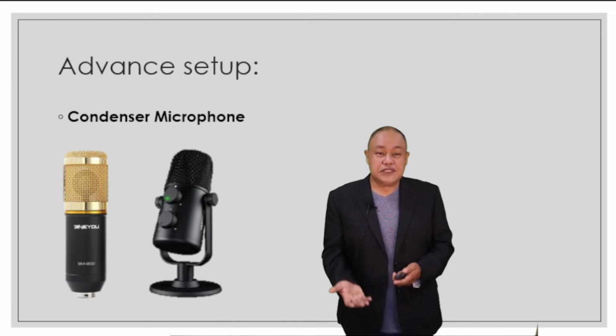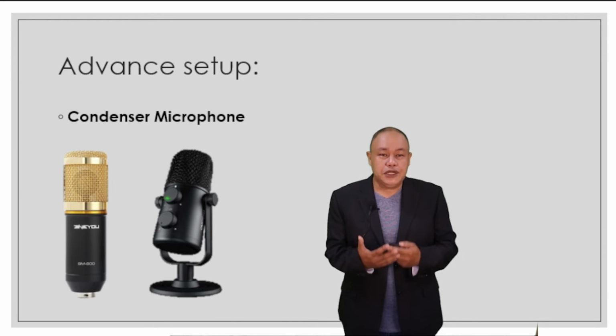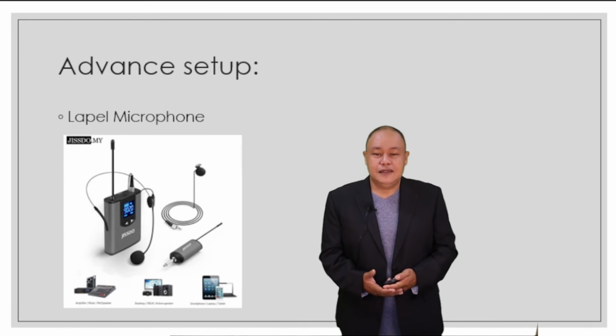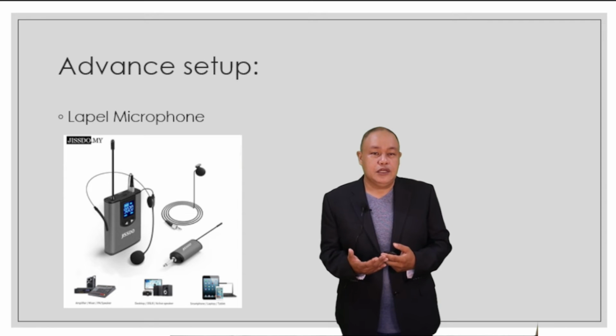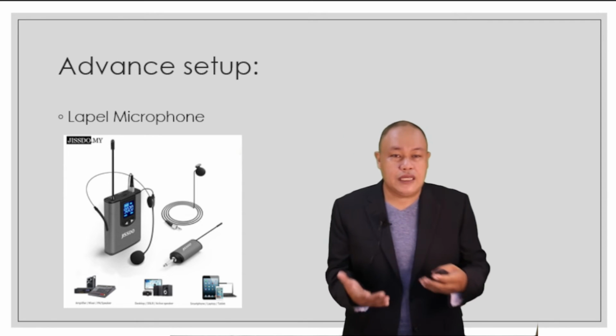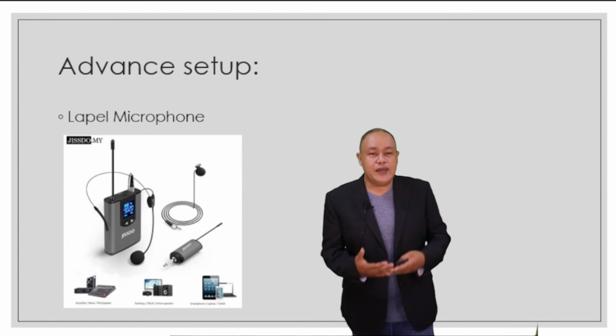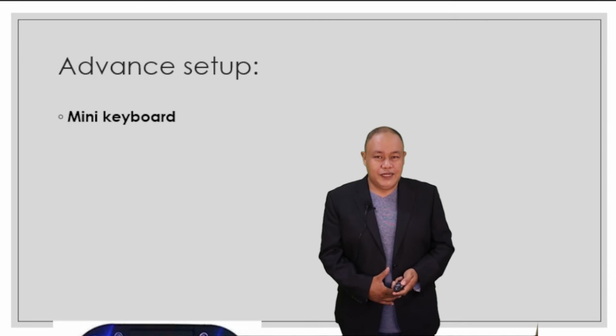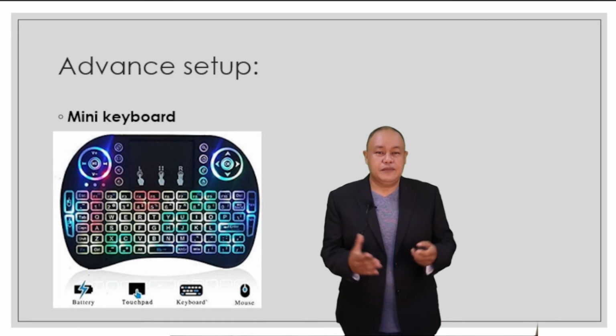Awesome! So next, we have the condenser microphone. A condenser microphone can pick up your voice clearly compared to a built-in microphone. Another one, we have the lapel microphone. Lapel mics are very useful, especially if you are moving around during your presentation or showing a step or a procedure. Another one, we have the mini keyboard.